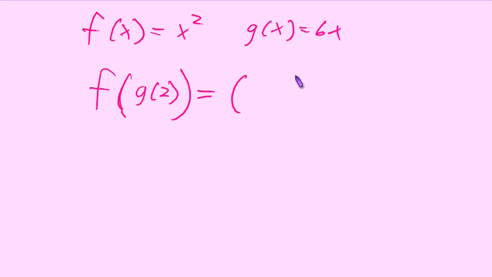We write out our f of x with the placeholders, and we put g of x using our placeholders. Then we input the value of g of x into the placeholder. So we get 6 times 2, squared. That equals 12 squared, which equals 144.